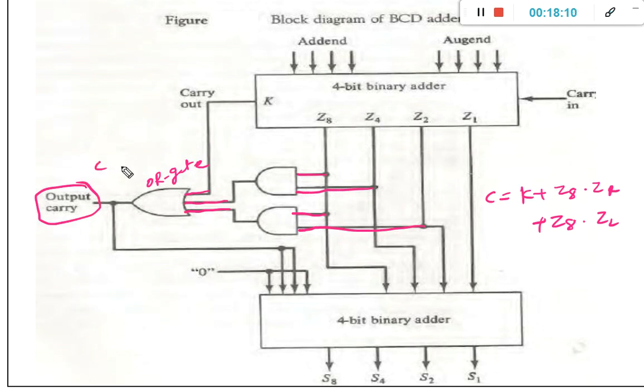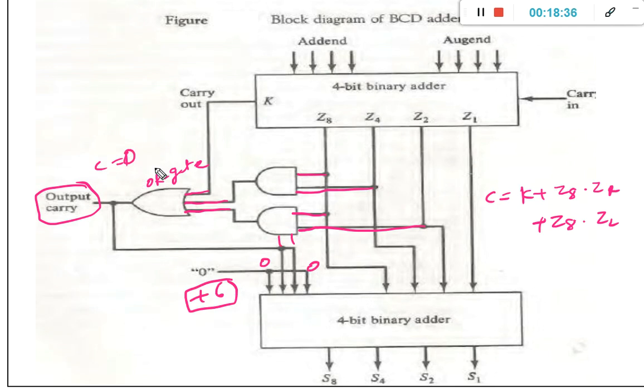If the C value is equal to 1, then we are going to add 0110, that is plus 6, to correct the BCD sum. To have the correct BCD sum, we add plus 6 based on the C value.